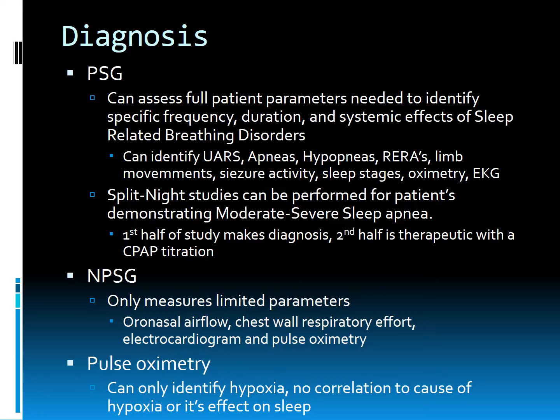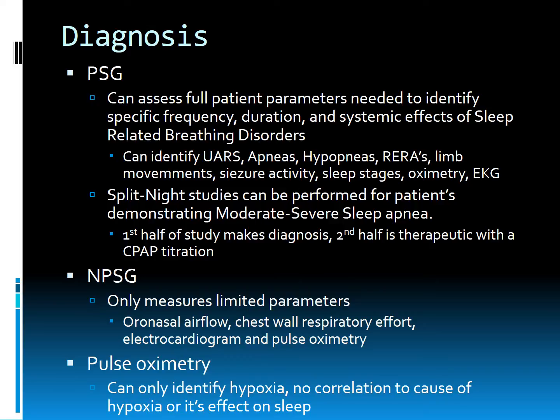Remember the differences between all 4 of those. You should be able to define all 4 of those without having to look at your notes before you take the quiz. It can identify if they're having limb movements, seizure activity. We can tell how much time they're spending in each of the sleep stages. It also monitors their oximetry and their cardiac function, by EKG.